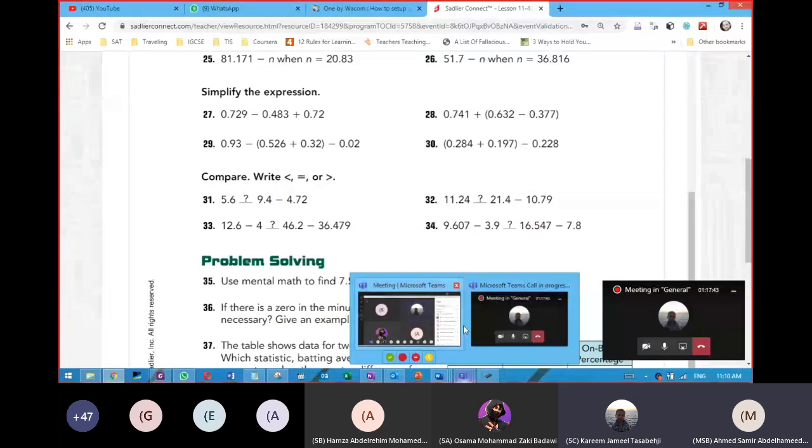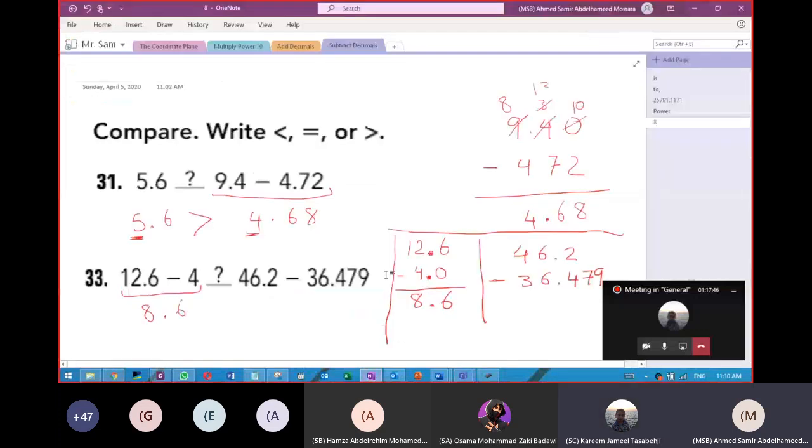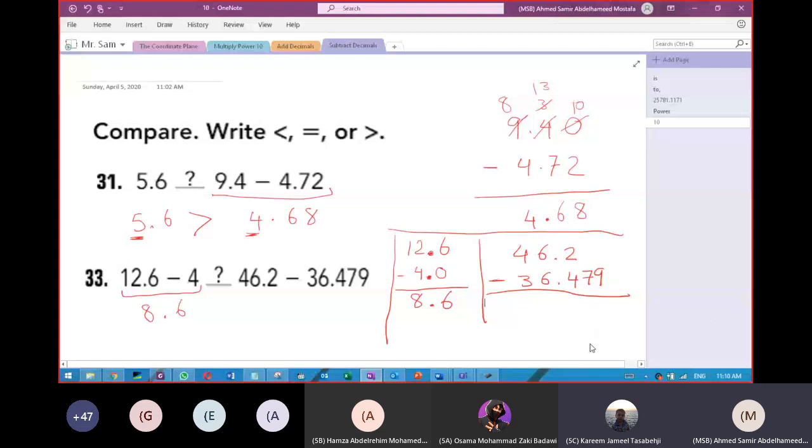Give me the answer for this one, please, Iyad Islam. Yes. We put 2 zeros next to the 2. All right, so I've done that. What should I do next? We cannot subtract 0 from the 9, so it becomes 10.